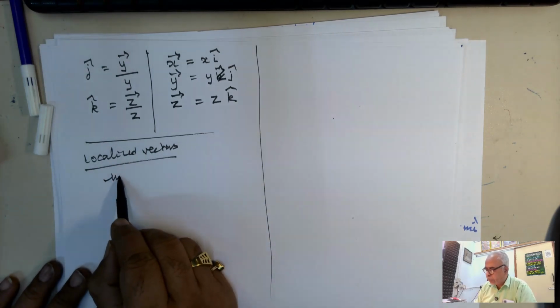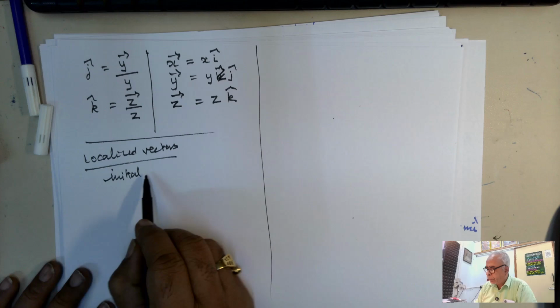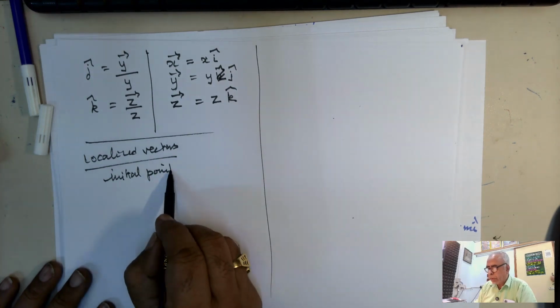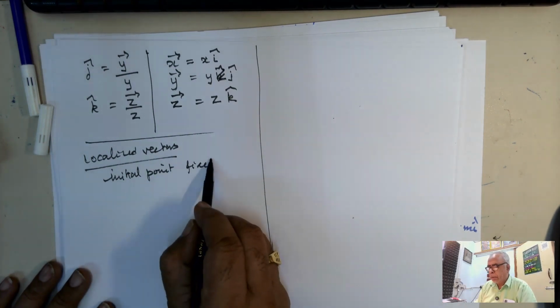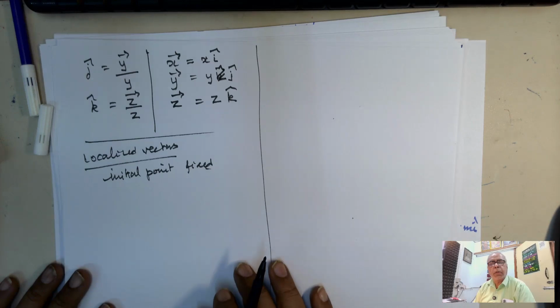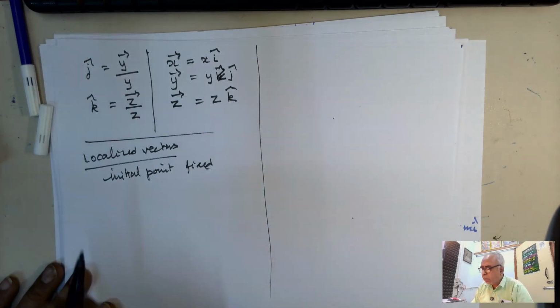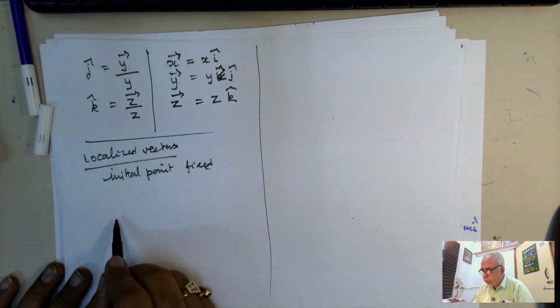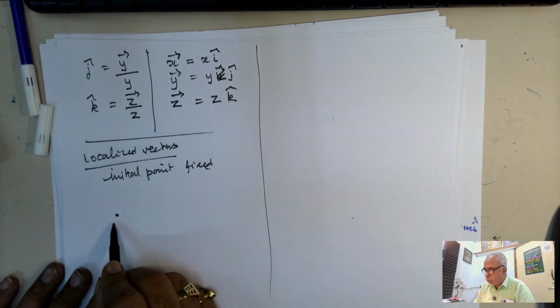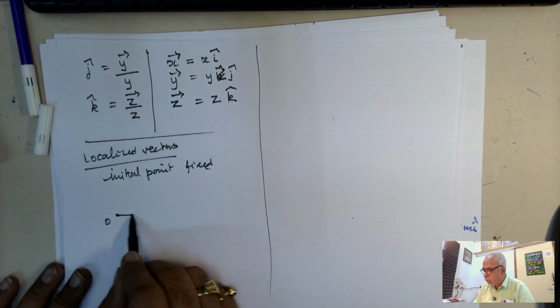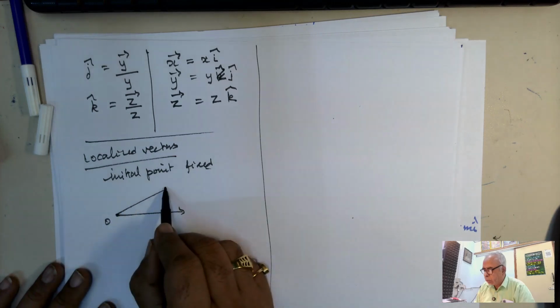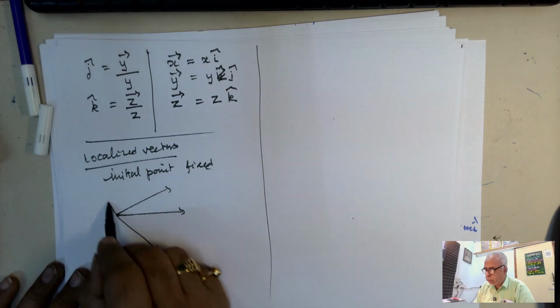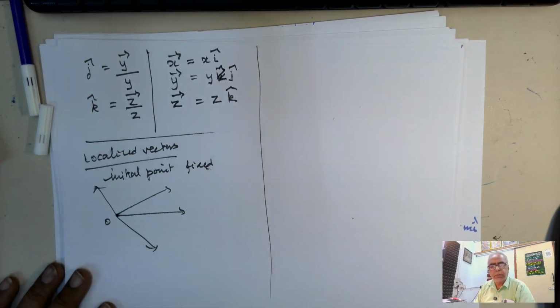The initial point is fixed. Okay. For example, position vector of a particle, whose initial point lies at the origin. For instance, if an object is moving from the origin, it can move like this, like this, like this. So these are all position vectors.